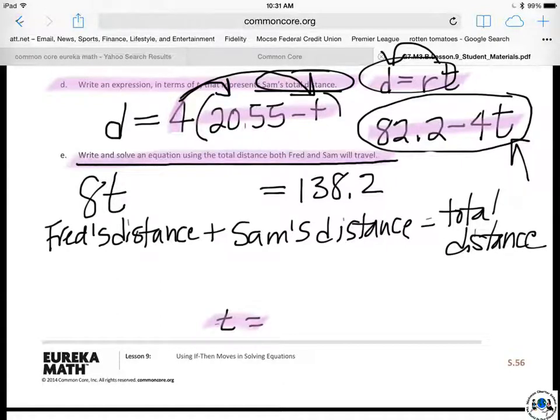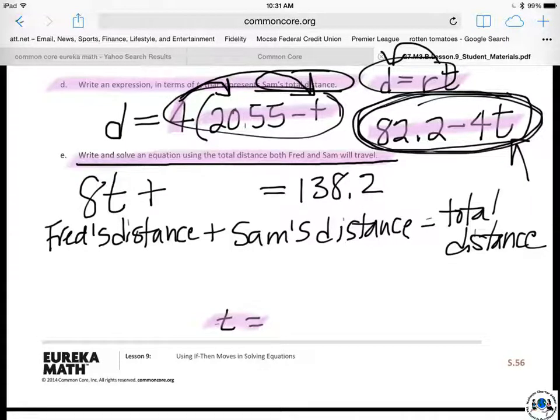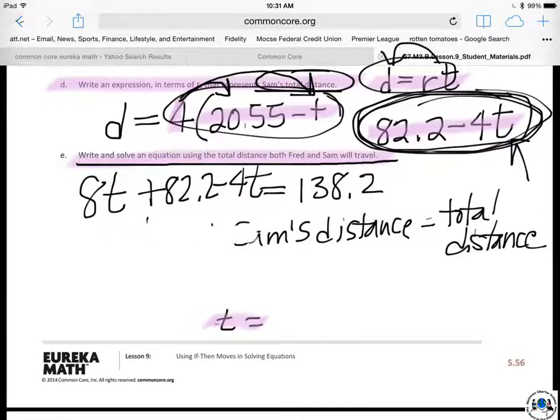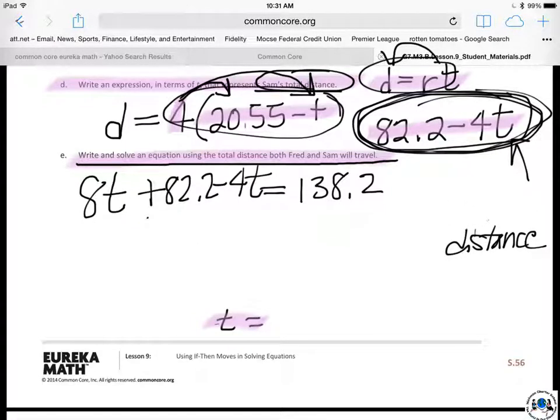So that's what we're actually doing here. So we have Fred's distance plus, remember we had Sam's distance, right above. Let's use this one, because this one here is simplified. Plus 82.2 minus 4t. That's really messy. I don't think you need this anymore, because that's it. Just wanted to show you what we're doing there.